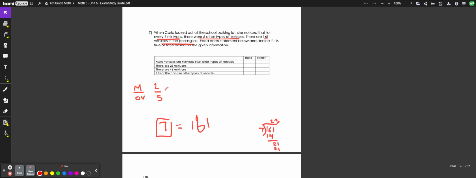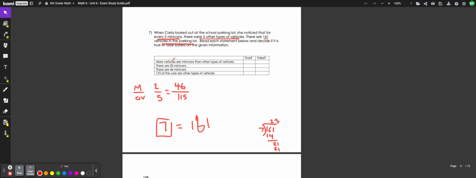So 2 times 23 is 46. And then 5 times 23 would give us the total number of other vehicles. So 5 times 23 would be 115. Add those two together, we get the 161.